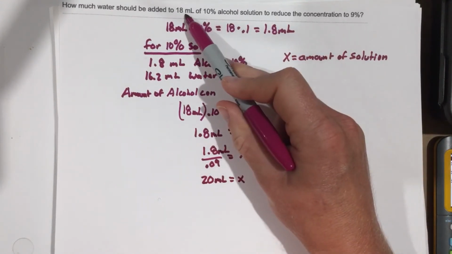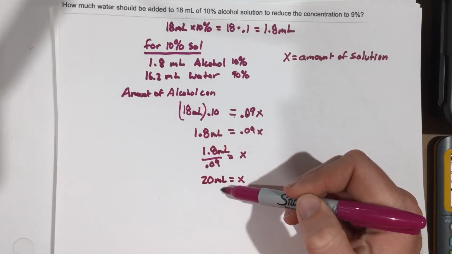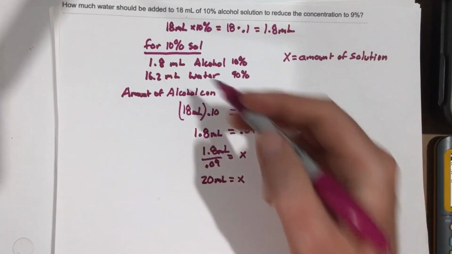So we're going from 18 milliliters to a 20 milliliter solution, and the only thing we're adding is water. Well, how much water did we add then? Well, we added 2 milliliters.